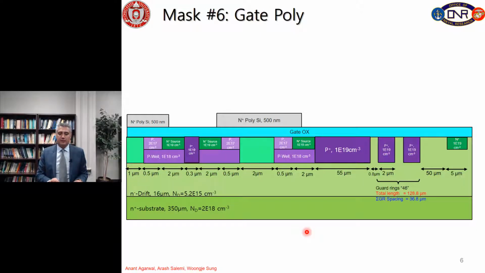Now we need to pattern the polysilicon in order to have the gate poly. So here is the channel, right? The gate would be over here on the channel between the N plus source and JFET, on the left hand side of this cell and the right hand side of another cell.